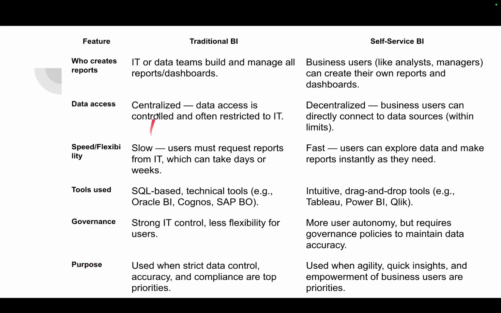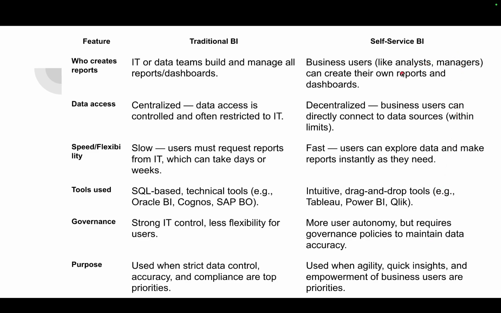The purpose of traditional BI was, let's say you are working in an organization, for data control. If you don't want to share your data with anyone else, then you can use this strict data control of traditional BI. But here you have agility, right? And quick insight. For quick insight you can use this, so this comes under self-service BI.